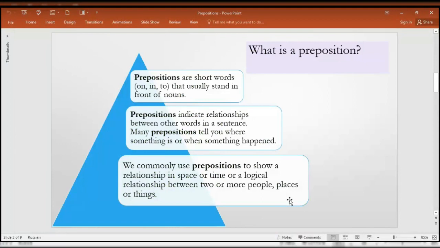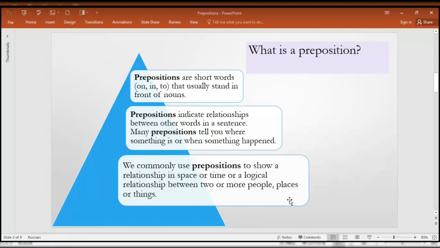What is a preposition? Prepositions are short words that usually stand in front of nouns, pronouns, or noun phrases, and we use them to indicate relationships between other words in a sentence, like the place, the time, or other things between the objects.